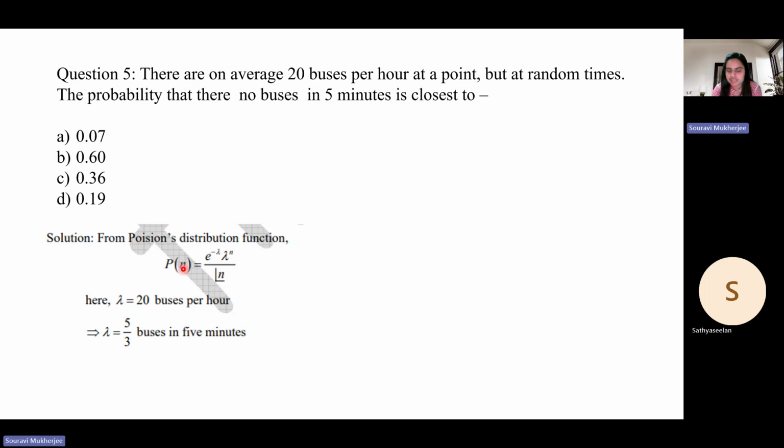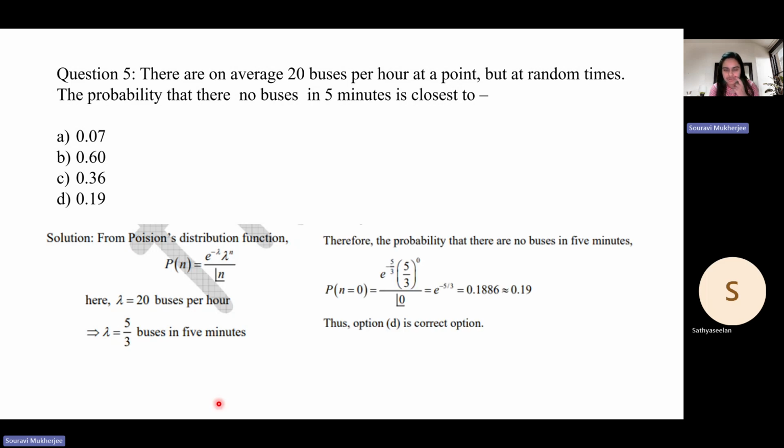So for this question, your n is 0. Here it says that there are 20 buses per hour. So that means if you look at 5 minutes, it's 5 by 3 buses in 5 minutes. Now you just have to substitute here, putting n equal to 0 and lambda equal to 5 by 3. So that gives you the answer.